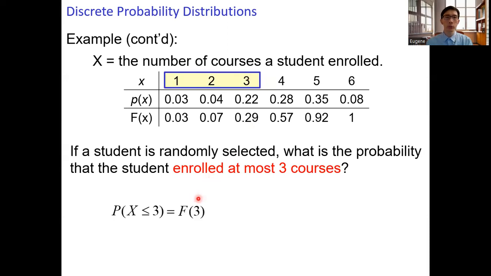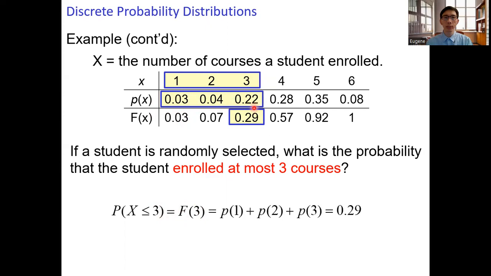This corresponds to the CDF evaluated at X equals 3, whose value is 0.29, or we can add up the corresponding PMF values. We add up 0.03, 0.04, and 0.22. We also get the value 0.29.